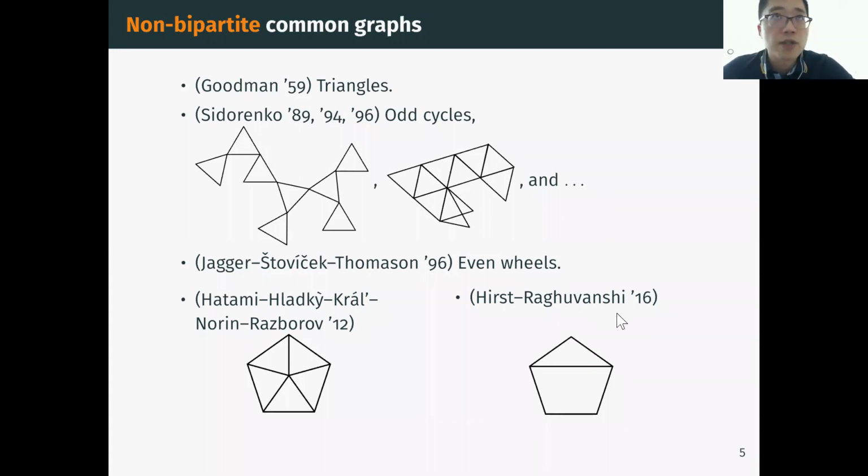Raghuvanshi, I think, was an undergrad, and James Hurst was a graduate student there. So these two examples depend on flag algebras, and the other bipartite examples rely on the progress on Sidorenko's conjecture, and there has been almost nothing except these.